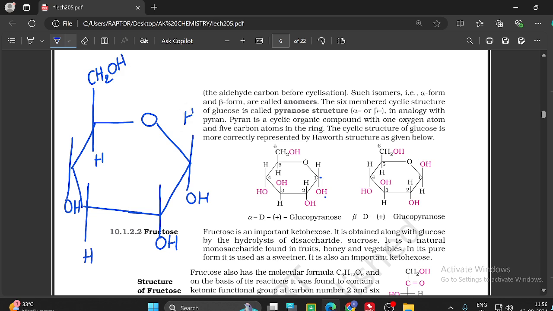Very simple. Right? This one is OH. See, in this structure, at the C1 carbon atom, OH is on the right hand side. That is alpha D. When you place it on the left hand side, then it will go to the top. That is beta D. Very simple structures. Draw the alpha D and beta D structure of glucose. Now can you practice it? Practice the two structures.